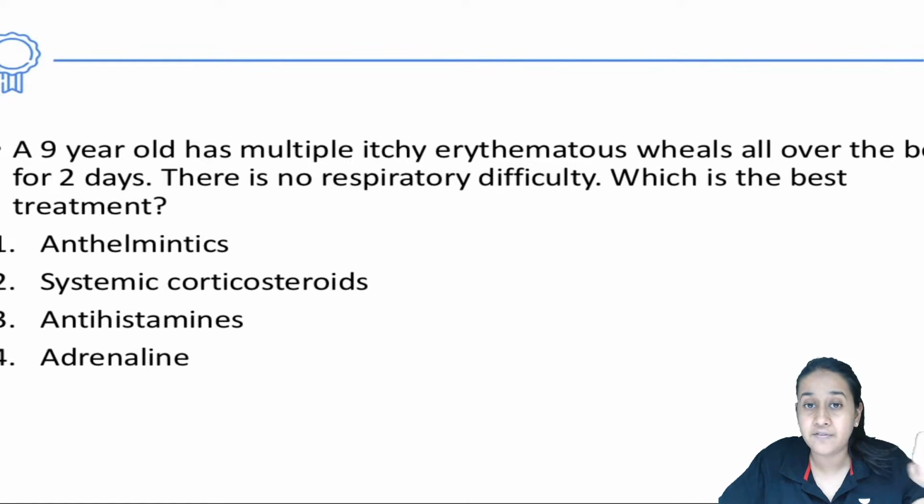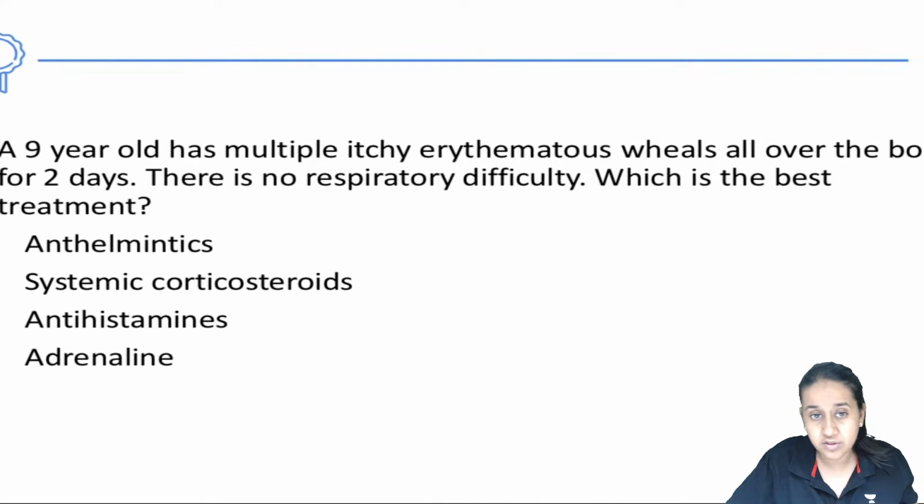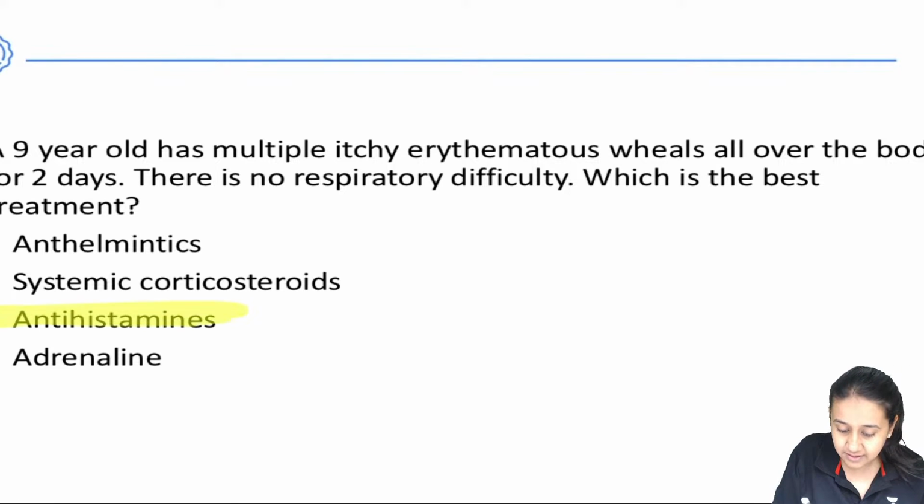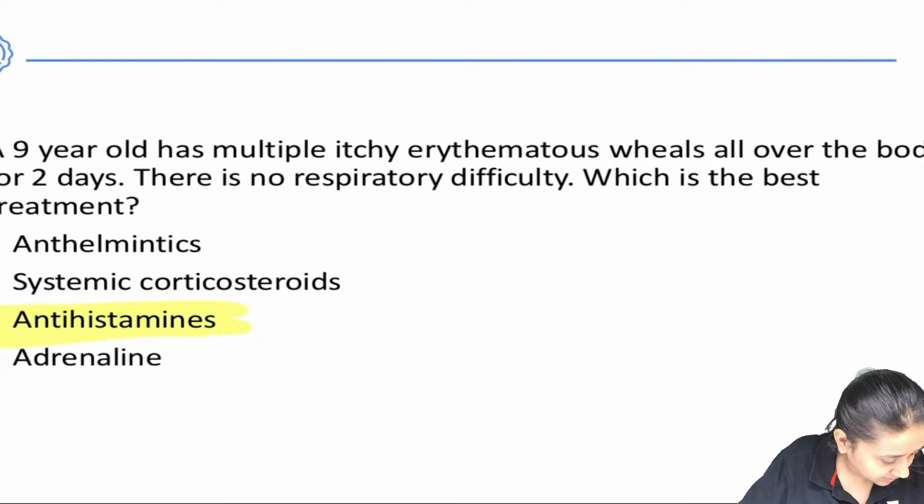Otherwise, even if you have severe urticaria without any respiratory difficulty, you will never treat the patient with corticosteroids. So the correct answer here would be antihistaminics. Okay? Clear, all of you?